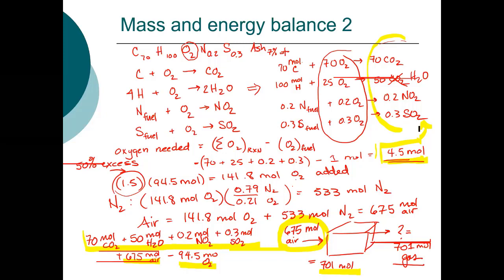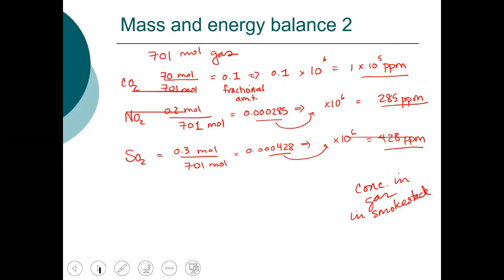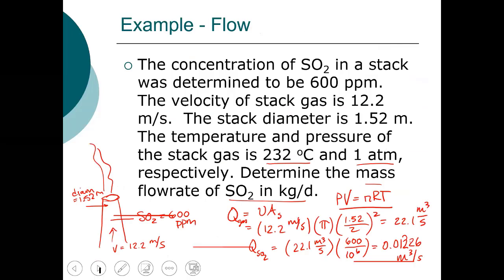Professor, I have a quick question from example 3. Sure, let's look at that one. There's a ratio of 600 divided by 10 to the 6th. I was just wondering where that came from. Okay, that comes from this information right here. You're given a concentration in parts per million.